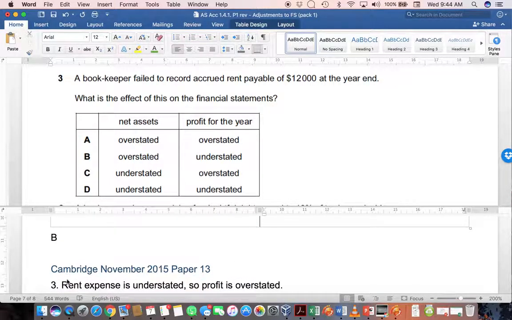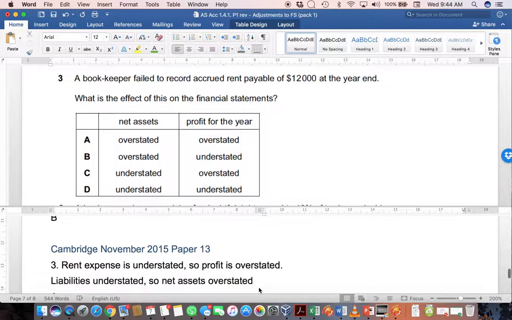Firstly, consider the fact that the rent expense would be understated because it's rent payable. In other words, we owe that rent, we have not yet paid it, and it has not been recorded. So the expense that we've shown is too little, and therefore our profit would have been overstated. On the other hand, what we should have done is shown that there was a liability of $12,000 that we owed.